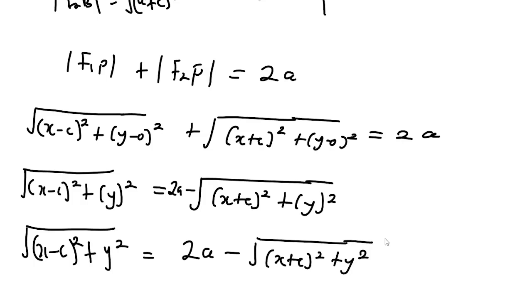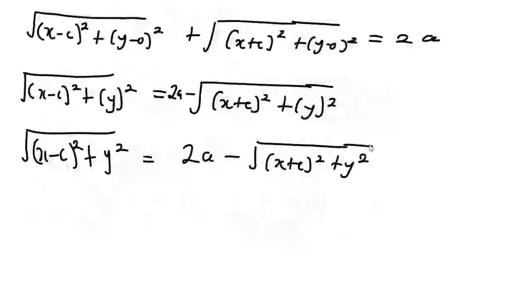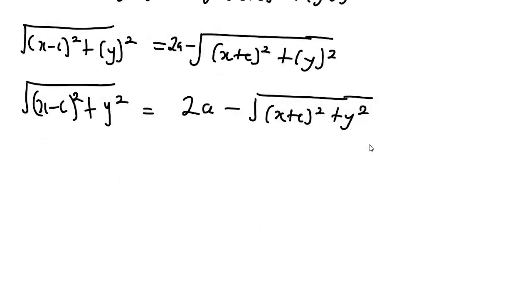So we are trying to derive the equation of an ellipse. Now at this point, let's square both sides to get rid of the square root. When we square, so square both sides.